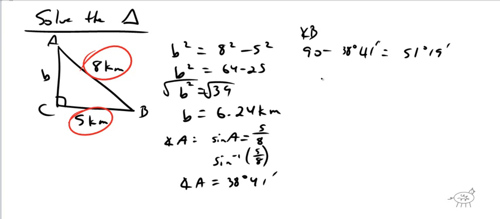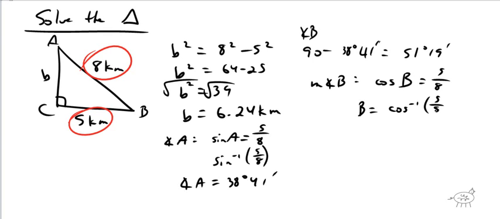But I can also say measurement of angle B, and that would be cosine of B, right? Because cosine of B is adjacent over hypotenuse. So cosine of B is equal to 5/8, and B is equal to inverse cosine of 5/8. You put that in your calculator, and you get angle B is equal to 51 degrees 19 minutes.